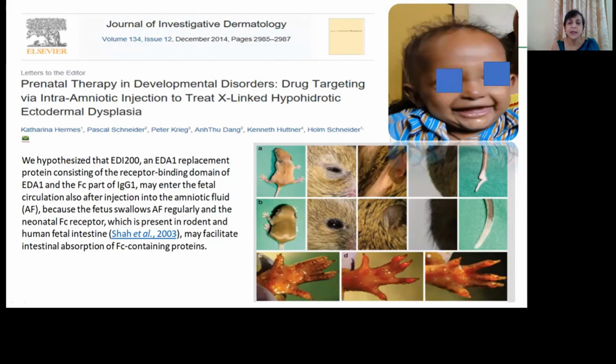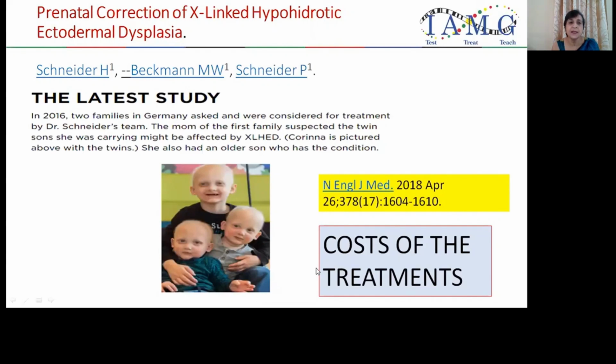And here you can see in image B, this mouse affected with this particular disorder was treated by intraamniotic infusion of the specific protein, and even its sweat glands are normal. The same therapy was given to these two twins, and you can see their affected brother is the elder child, but these two children are absolutely normal because of the prenatal treatment with the deficient protein, which was infused in the amniotic fluid.